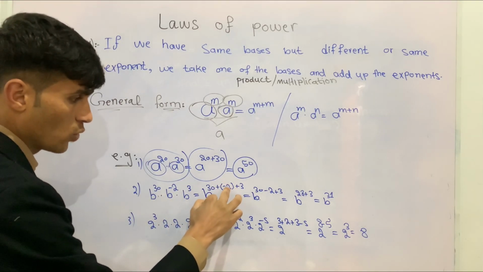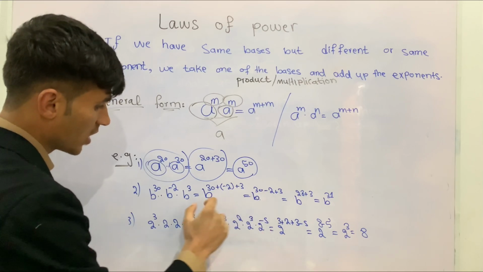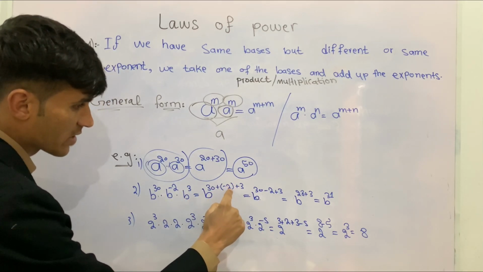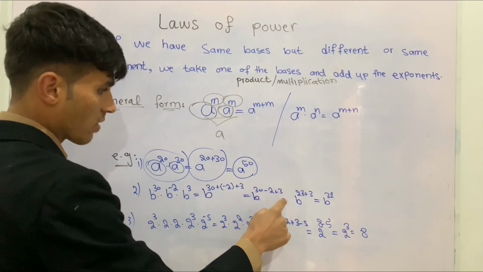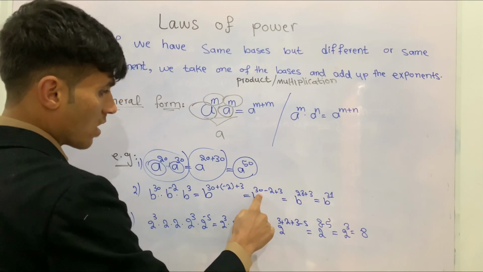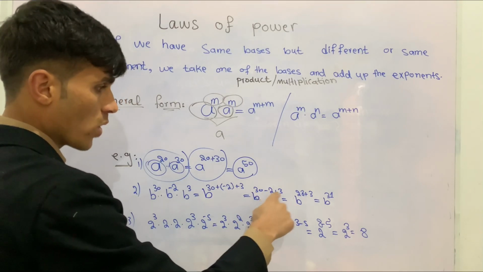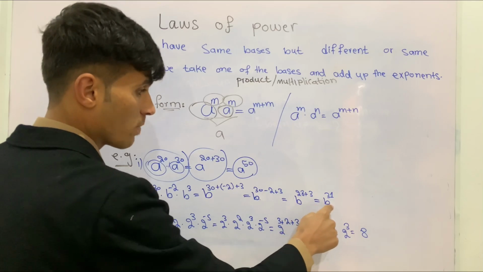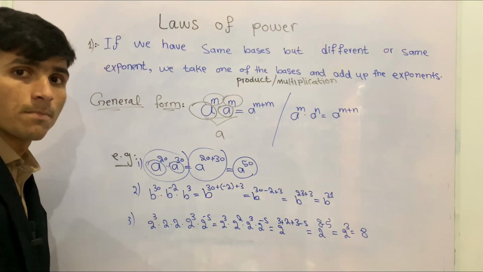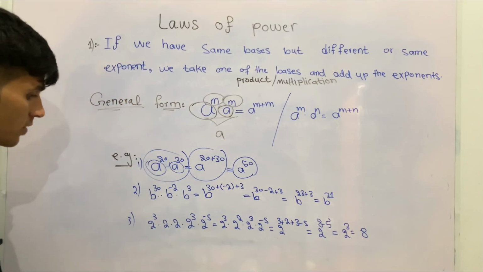Plus into minus becomes negative, so 30 minus 2 is 28, plus 3 equals b to the power 31. I hope you got it.